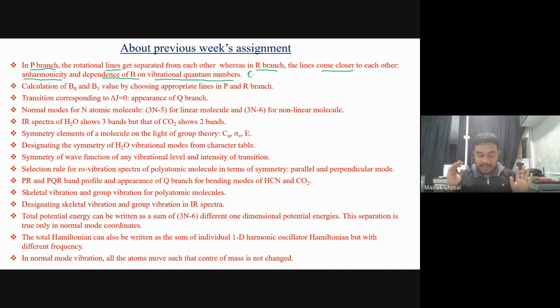But in practice, it was observed that P branch lines get separated from each other, whereas for the R branch the lines come closer to each other, and it was shown that B depends upon v by this expression.